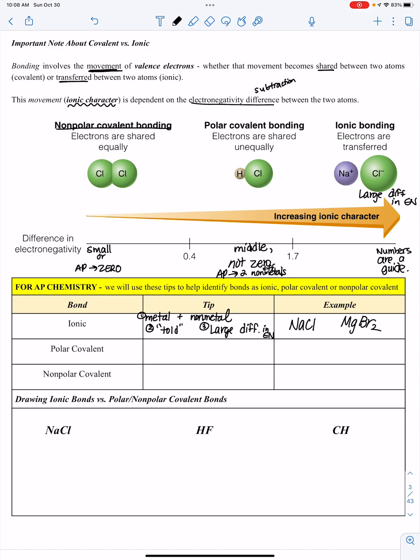For polar covalent, the best thing is it's going to be 2 different nonmetals, having a difference in electronegativity that's not 0.